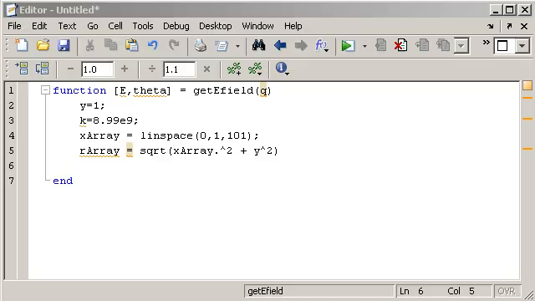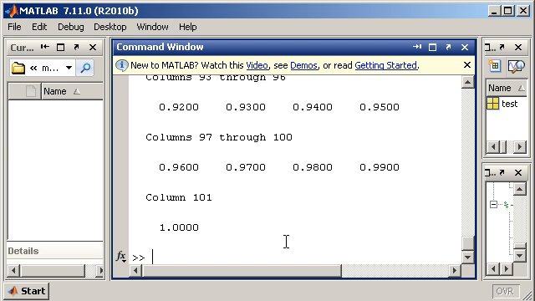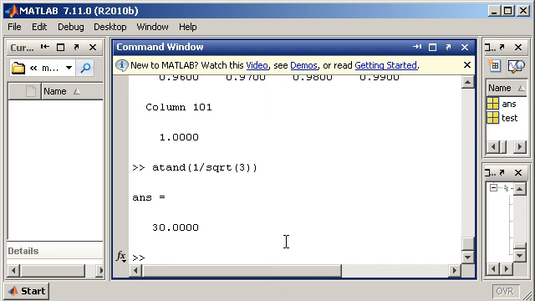Let's play around with that a little bit. atan D. If I've got a 1, 2, square root of 3 triangle, 1 over the square root of 3 should give me 30 degrees. Okay, so that's cool. atan D seems to be the arctangent in degrees command.